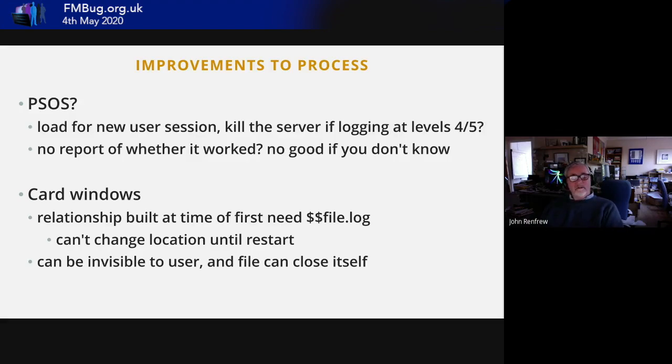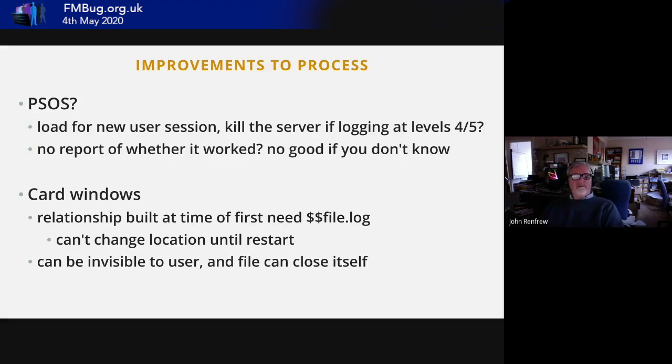Obviously, the advantage of card windows is that the relationship from the working file to the log file doesn't have to be a hard-coded link. It can be a double dollar variable path to that. So when you need it, you set that variable to be a path, and then you have a location for the file to work in. You can't change that in the course of a session.